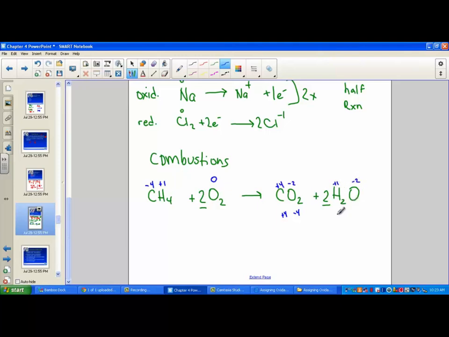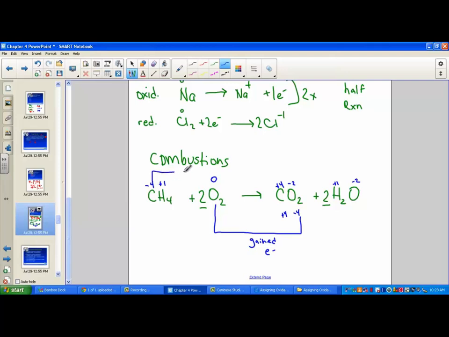Hydrogen's +1, -2. So what has changed? Well, right away I noticed that oxygen started at a 0 and became more negative. It has gained electrons, becoming more negative by taking in more negative electrons.